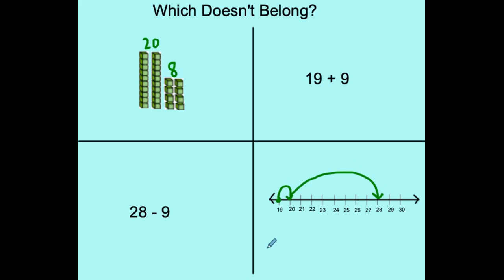Maybe you're saying this one doesn't belong because it's showing a number line with hops, and there's a hop of 1 to get started, and then 1, 2, 3, 4, 5, 6, 7, 8. So it was a hop of 1 at first and then a hop of 8. Maybe you're saying that one doesn't belong because the 9 is split up. So this is the 9 right here, but it's split up into a 1 and an 8. So maybe that one doesn't belong.